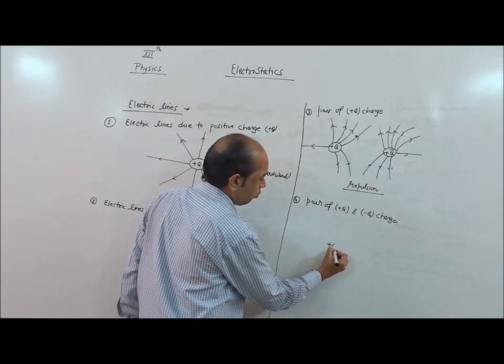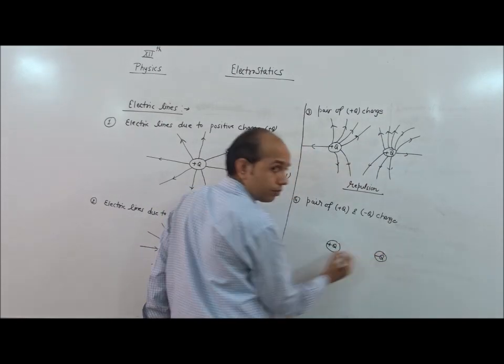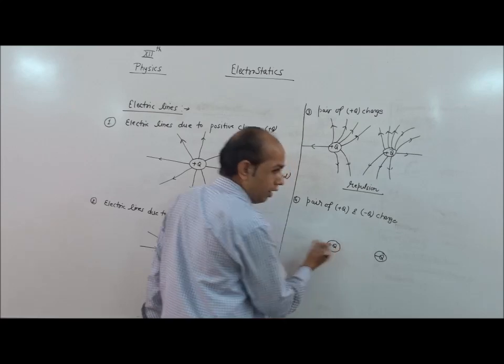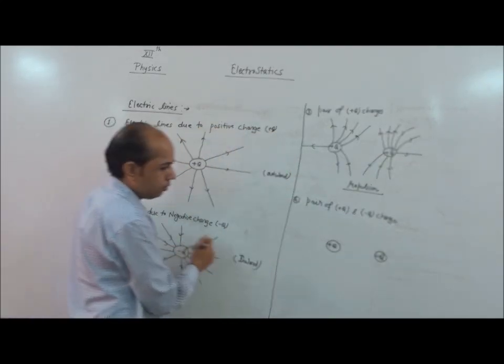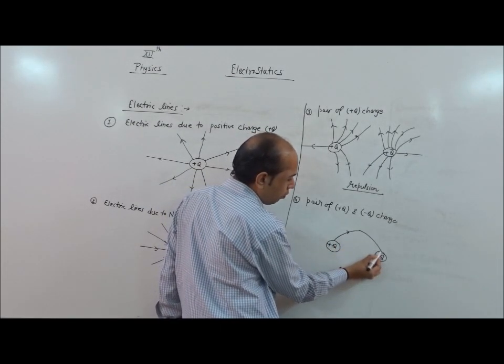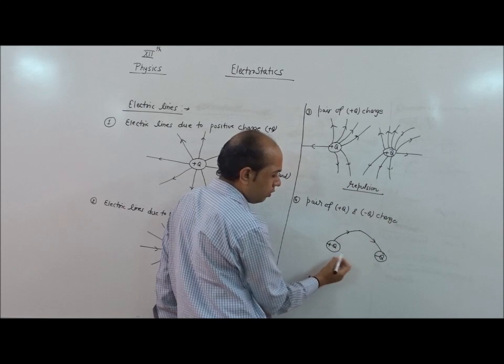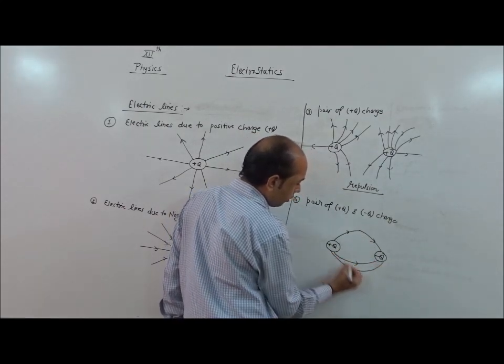So again for plus q charge lines are outward and for minus q charge inward. So for plus q charge lines are outward and for minus q charge it is inward. So it makes the pattern.